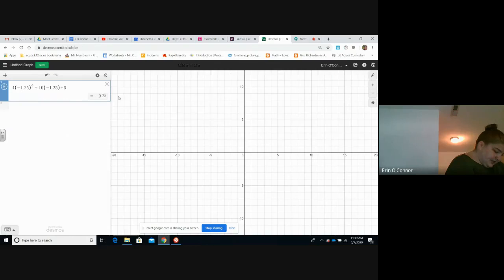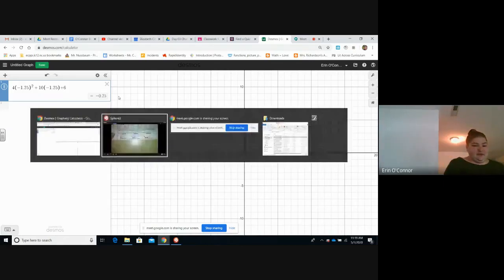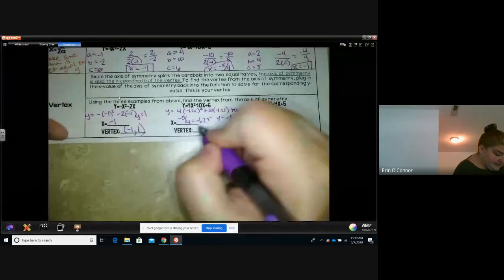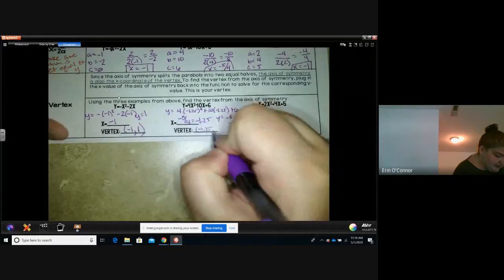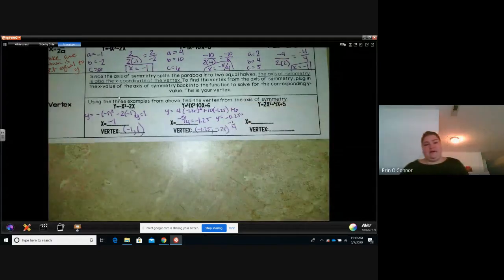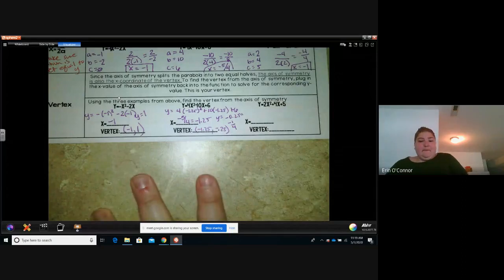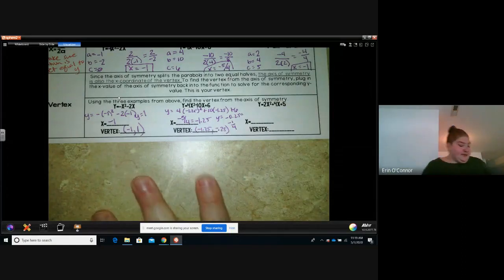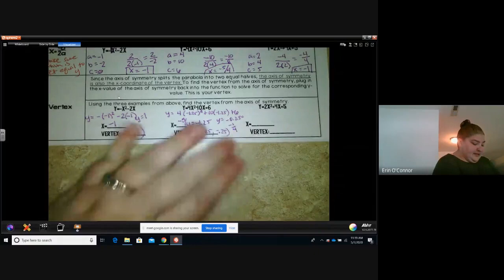If you want to change that into a decimal, it's equal to negative 1/4. And you can change that as you wish. But I'm just going to use the decimals as I write this. So my vertex is my x, negative 1.25, and my y, negative 0.25. You could put negative 0.25 or just 0.25. Either one's right.